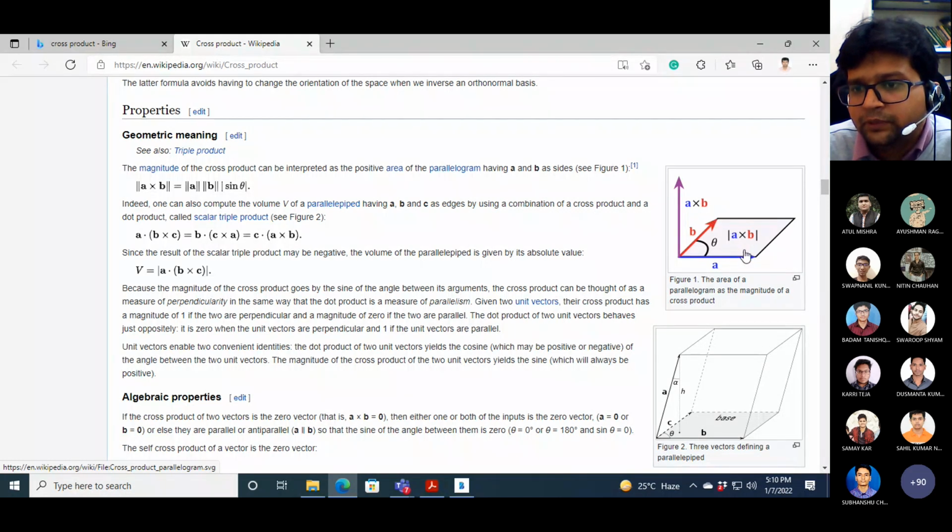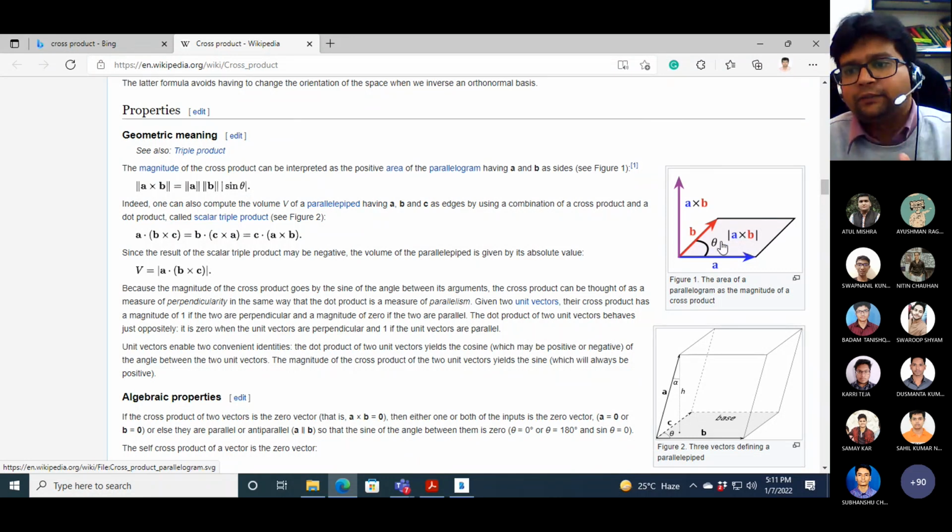So a cross b is the area of this, or 2 times the area of this triangle, or you can say this parallelogram. So this is the area of this parallelogram, and the direction is the way it rotates.